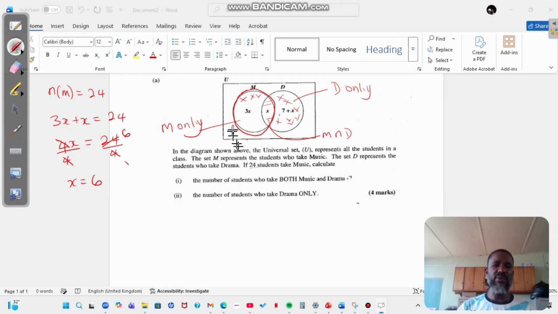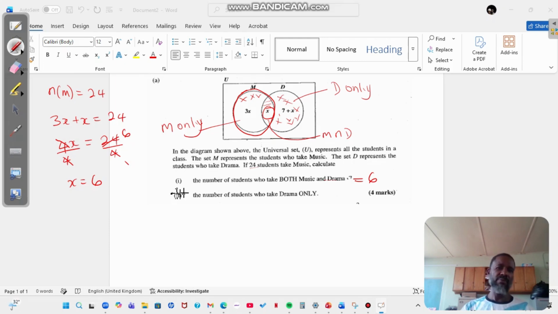So that tells you that the number of students who take both music and drama is 6. So x is equal to 6, because x here represents those who take music and drama.